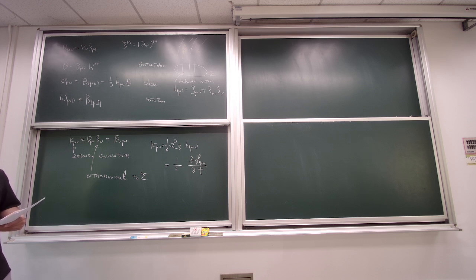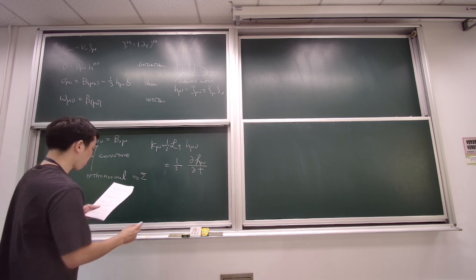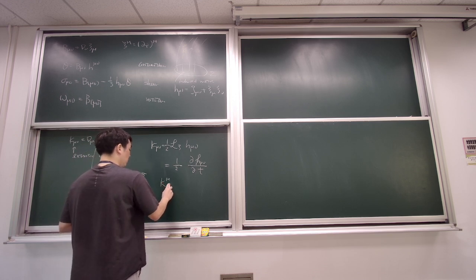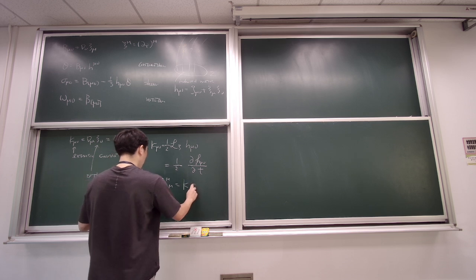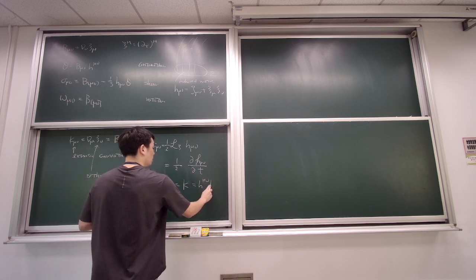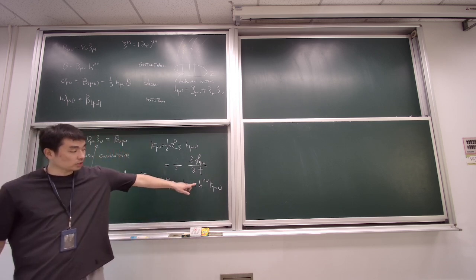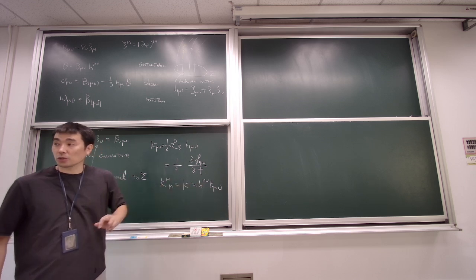And then if you take the trace of this, I call it K, which is h^μν K_μν. When you take a trace, you just take the trace with respect to the induced metric h^μν.